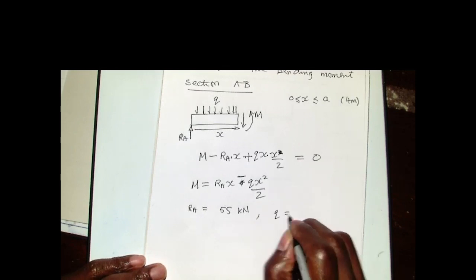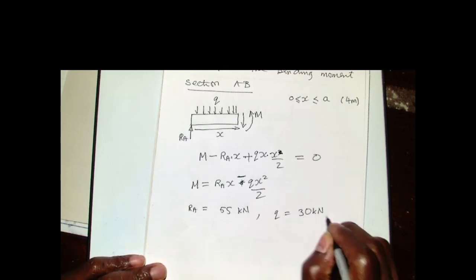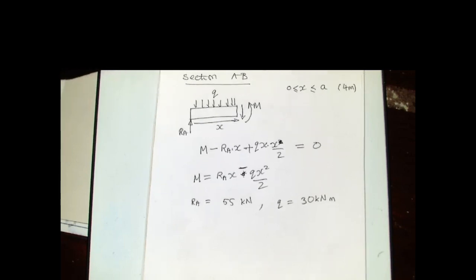So we know RA is 55 kilonewton, and we know that Q is 30 kilonewton per meter. So I'm going to put those in, and again, be mindful of units. I'm going to put them in as kilonewtons, and we can use that much later on.